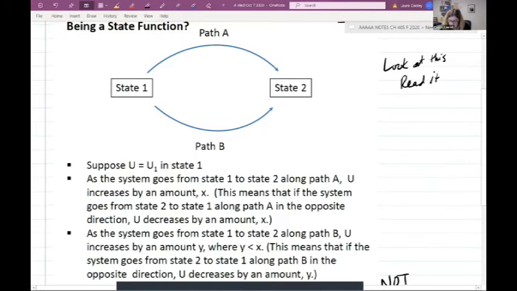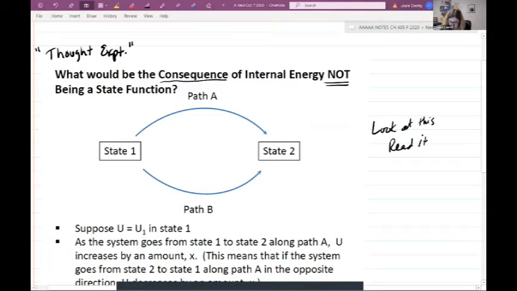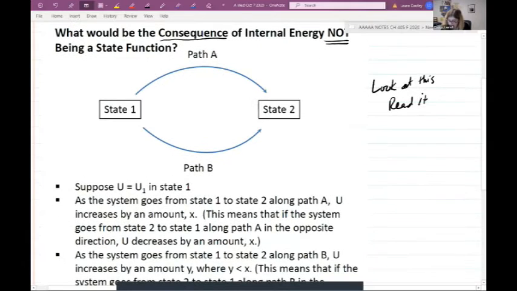So you have two states. You take path A and you go from state 1 to state 2. And it says, let's say that U increases by an amount X. Now we're at state 2.